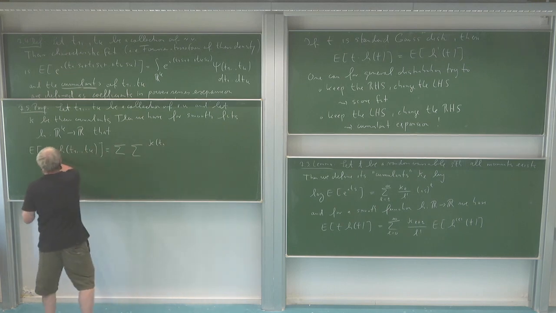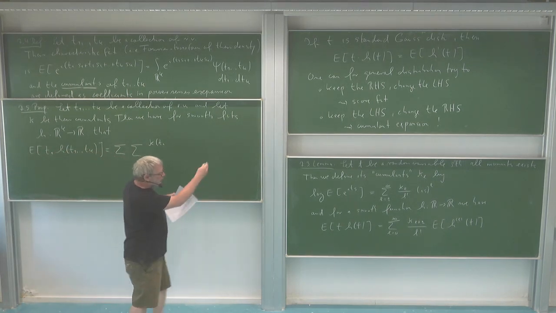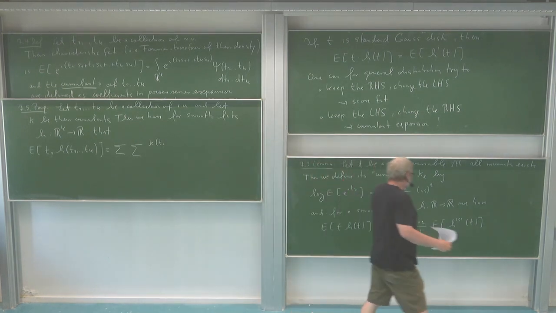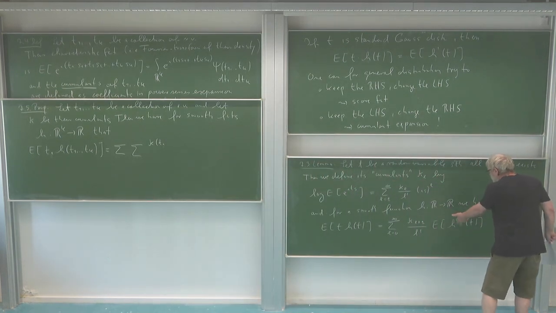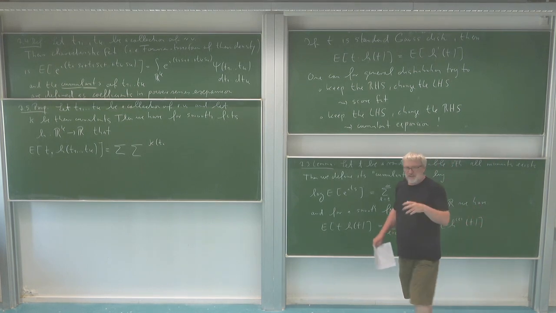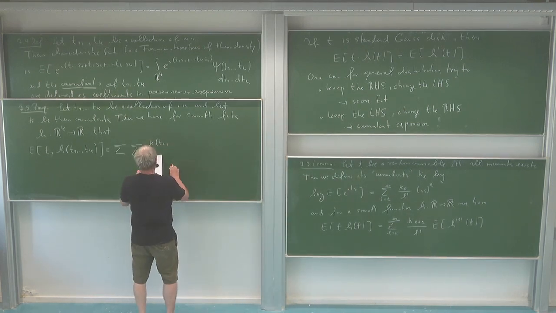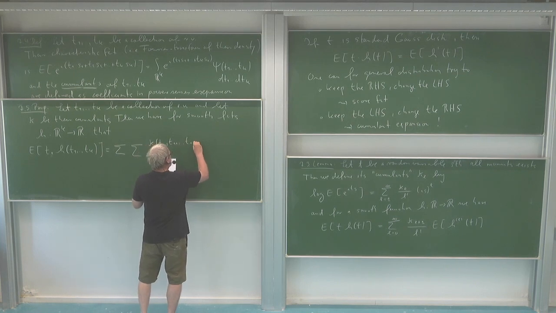The ti is the one which I have here. Okay, and then I have to sum over all possibilities for taking derivatives, all kinds of partial derivatives. And they are weighted with something, namely with the cumulants, where I put here ti1 up to til.